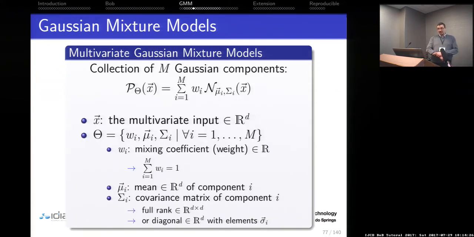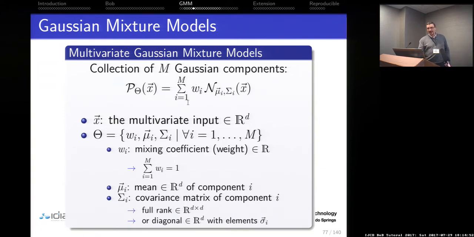Now, when we have a Gaussian mixture model, this gets a little bit more complicated, because now we have multivariate Gaussians, but the Gaussian mixture model is a weighted sum of these Gaussians. So for each Gaussian, we have the mean, the covariance matrix, and a weight.